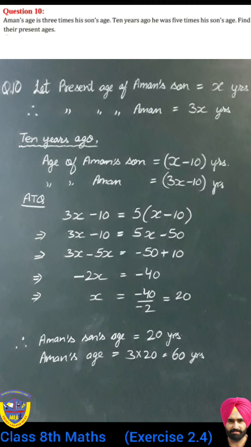Now divide both sides by minus 2. You will get minus 40 upon minus 2. By dividing you will get x is equal to 20. So Aman's son's age will be 20 years and Aman's age is equal to 60 years. This is their present age.